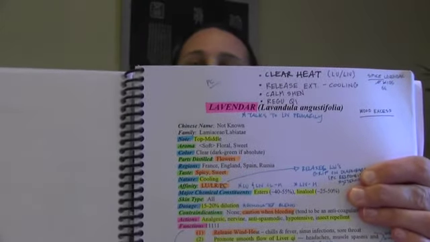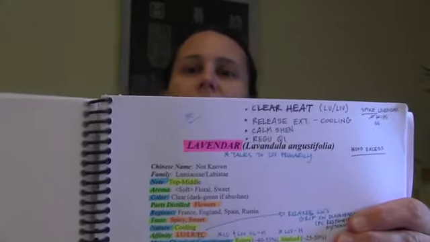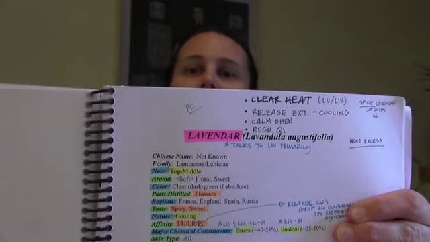I don't know if that's focusing, I hope so. But I did it at the top of the page for every oil Materia Medica. We got lavender and its various categories. And so it's really helpful when I am creating a formula and I'm considering a particular oil, it's just right up there.